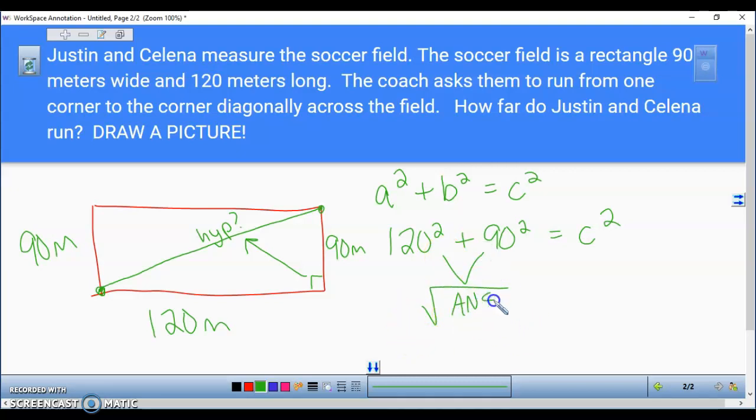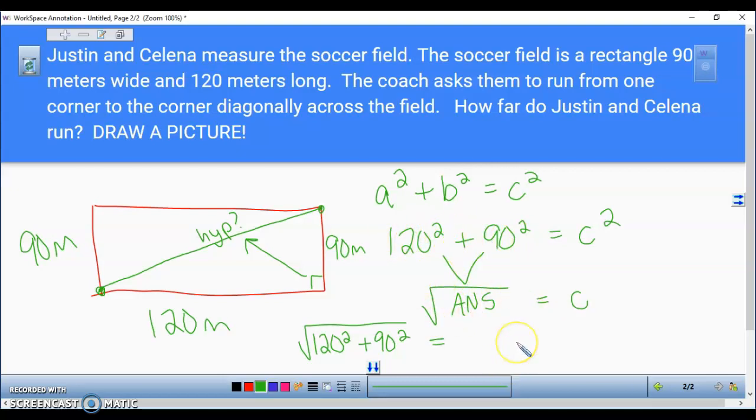Now, a shortcut that you may want to use, instead of finding what they are and then going back and square rooting them, is in your calculator. If you actually do the square root of 120 squared plus 90 squared, that will get you straight to the C value. It doesn't matter to me which way you do it. You can square them, add them, and then find the square root.